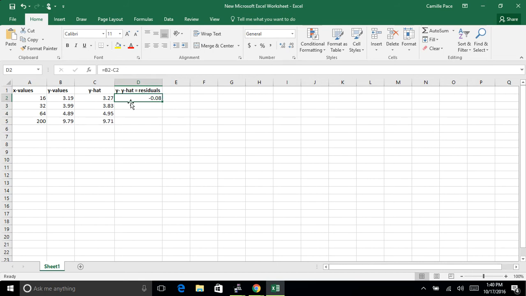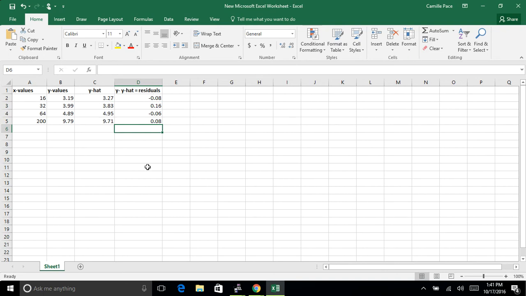All right? So let me show you again. I'm going to do equals, this minus this gives me that. Okay? And I'm just going to do that for each one of these. So I'm doing the actual Y value minus the Y value when I plug in X, all right? And one more time, minus this, enter. Okay, so I have my actual values, and these are called the residuals.